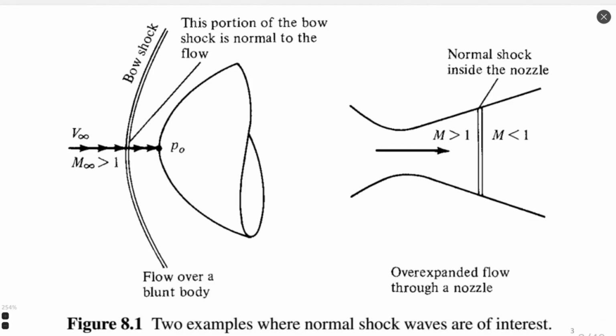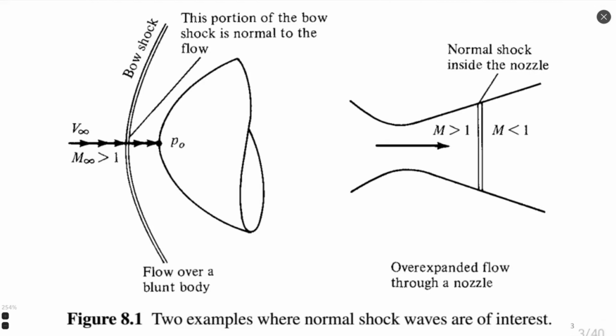Again, as a reminder, we discussed last time what shock waves are and two different types of shock waves. Here I will extend this information. We can say that there are different types of similar shock waves.